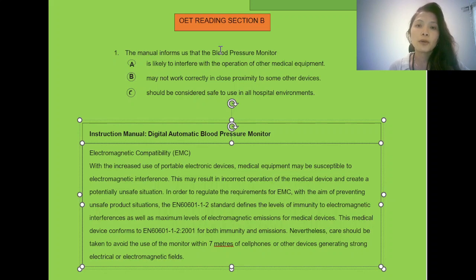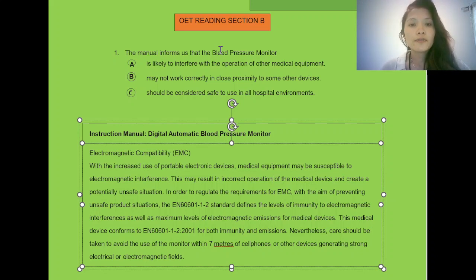I have also published about the vocabulary which is commonly found in the reading, so please look into that as well. I'm going to explain how to tackle Part B reading.